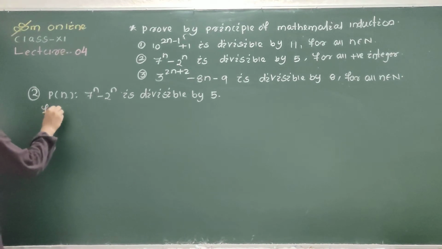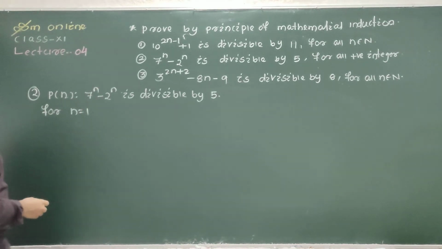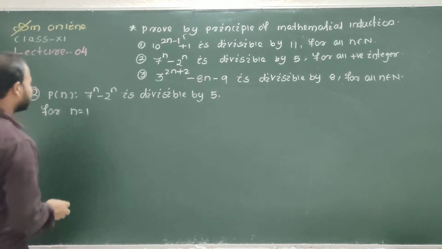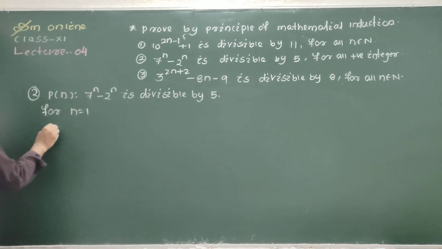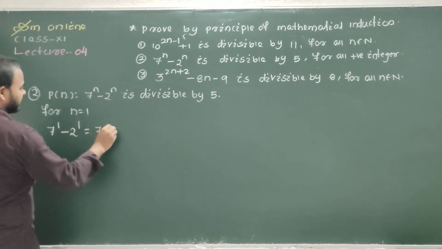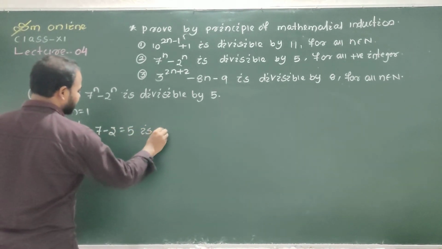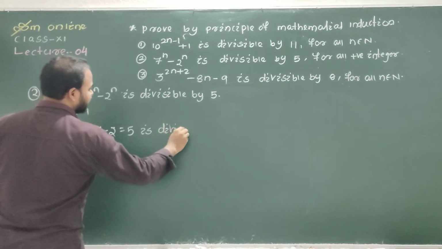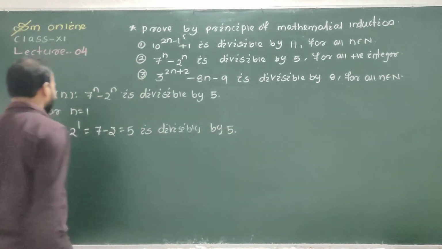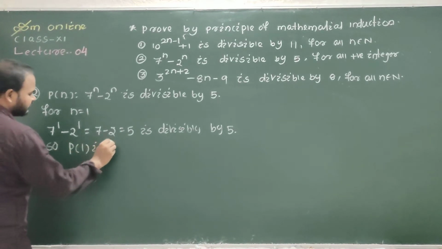For n equal to 1, 7 to the power 1 minus 2 to the power 1, this is 7 minus 2 equal to 5, is divisible by 5. So P1 is true.